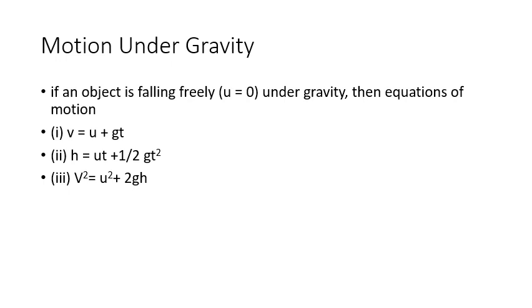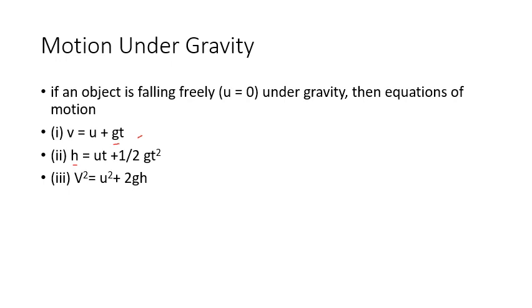In these cases of motion under gravity, the equations of motion will be written as follows. First case: imagine an object is falling freely towards the ground. So acceleration will be denoted as acceleration due to gravity g. This is your first equation, v equal to u plus gt. We simply changed a to g. The second equation, s equal to ut plus half at squared: in place of s we write h, because we are dealing with the height traveled by the object.